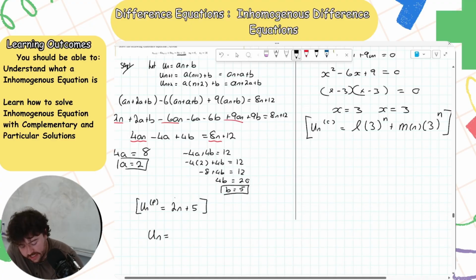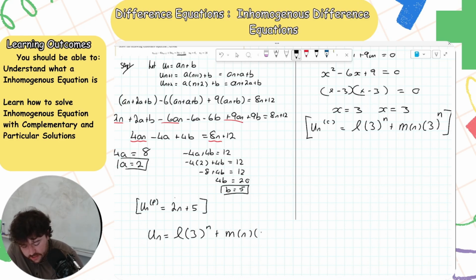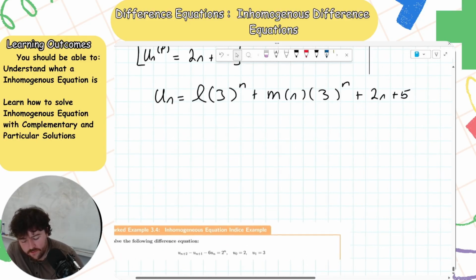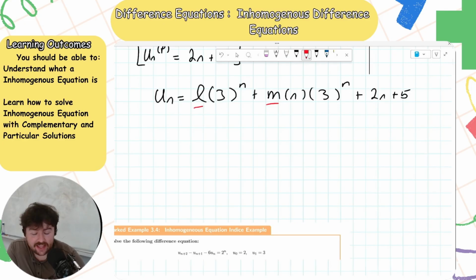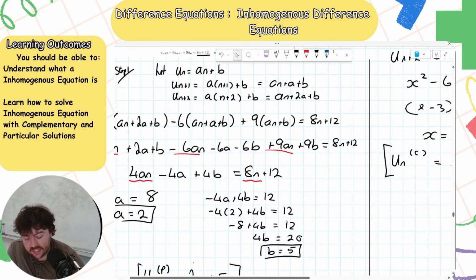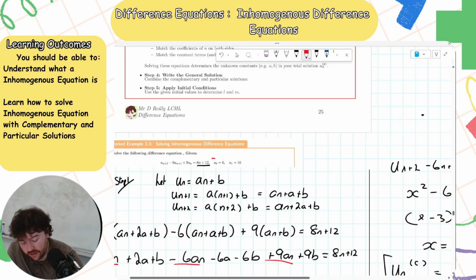So my complete solution is going to be L times 3 to the n plus m times n times 3 to the n plus 2n plus 5. Right, I'm not done yet. So that's my complete solution, but as you can still see here, I have values for m and L that I need to get rid of. So in order to do that, I now look at my initial values.